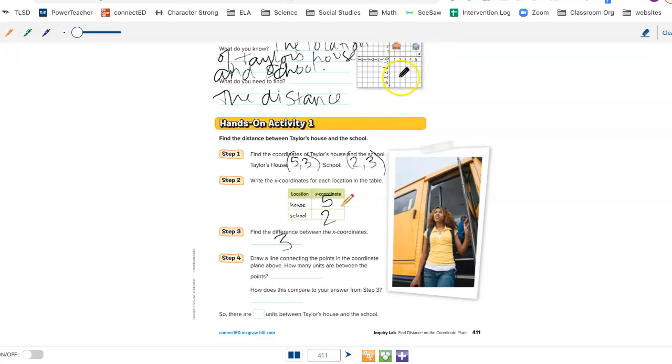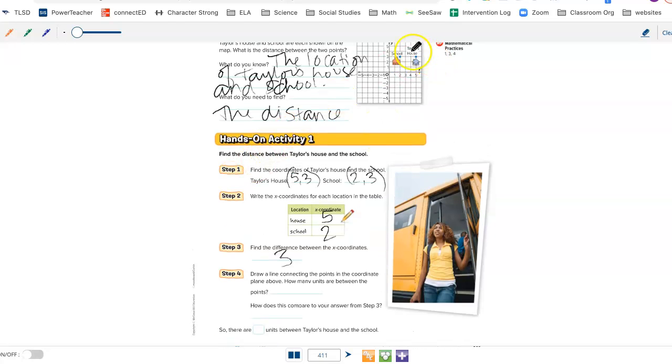So I would draw up here and connect those. How many units are there between the points? You can also count, and I see that there's 1, 2, 3. They are the same. So therefore we can conclude that there are 3 units between Taylor's house and the school.